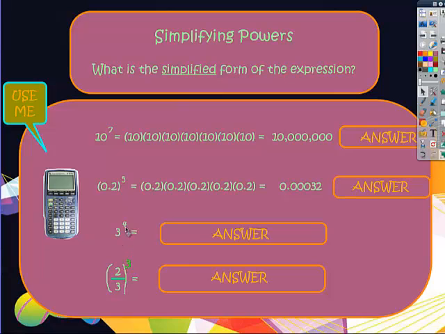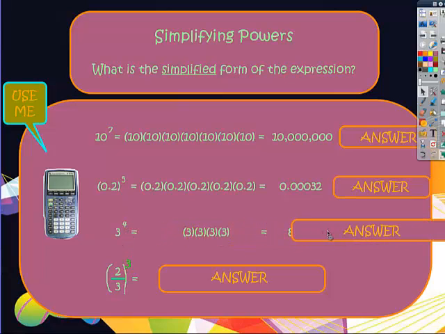3 to the 4th power should be 81. It's 3 times 3 times 3 times 3, and that's 81. Now, 2/3 to the 3rd power.